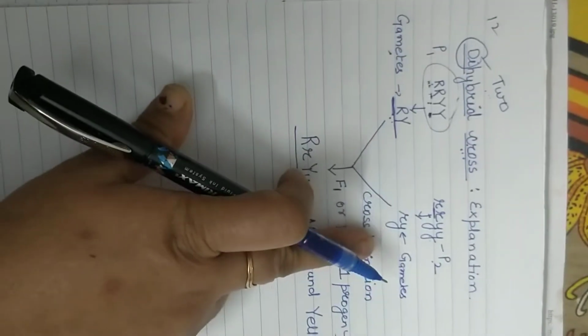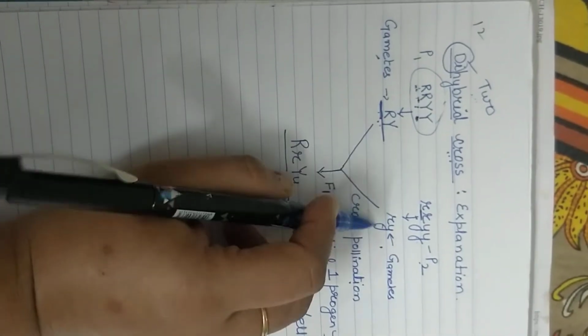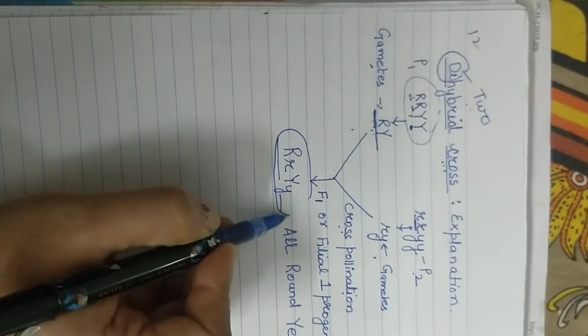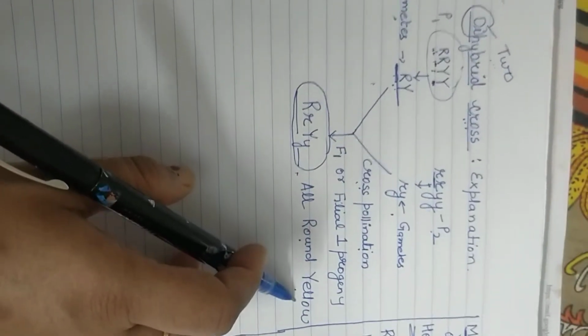Similarly, here also the gametes which will be produced are RY. Then he cross-pollinated these two gametes, and all the seeds which were produced were all round and yellow.